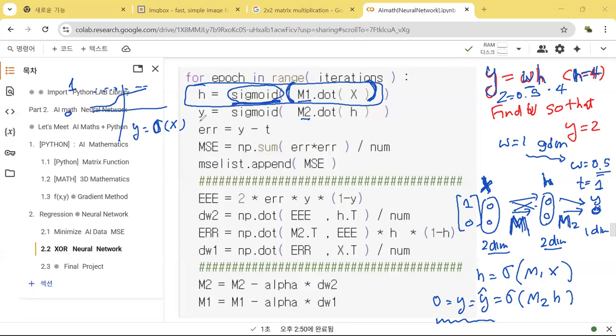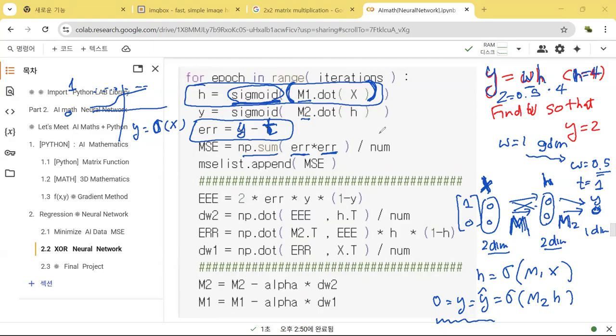So the error may be Y minus T. Y is the output by this kind of calculation, and T is the true value, which we know. Then the mean squared error is the square of this, summed and divided by the number of data.